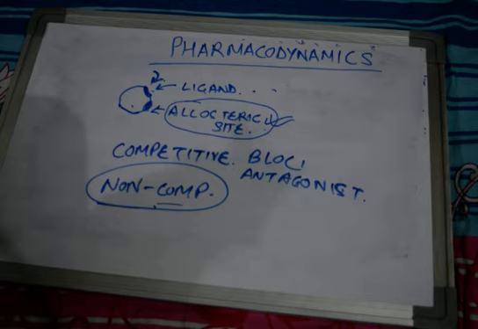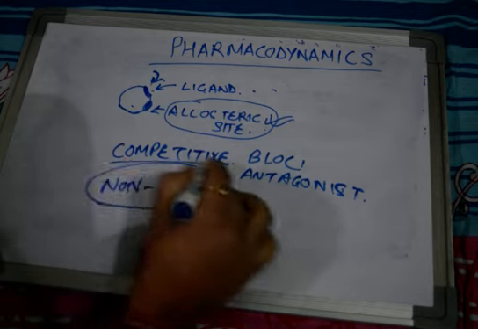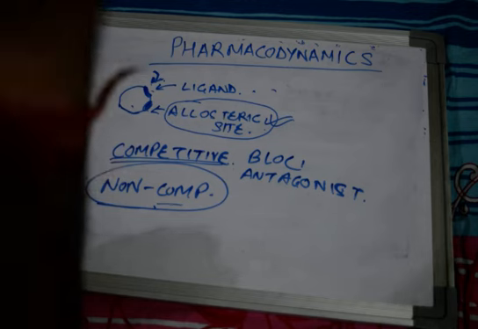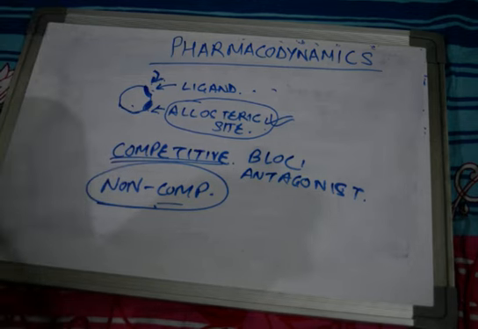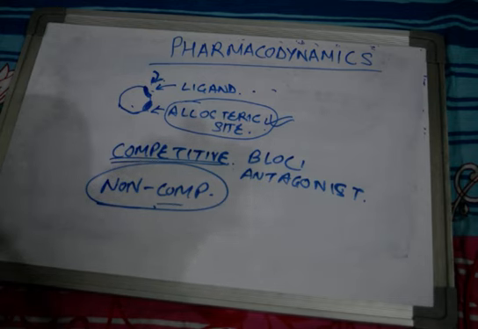In non-competitive block, the maximum effect of the drug is reduced irrespective of the dose. But in competitive block, the maximum effect can still be produced if you increase the dose. What this maximum effect is, I will discuss in the next class, regarding efficacy and potency, and that will give you more clarity about this.